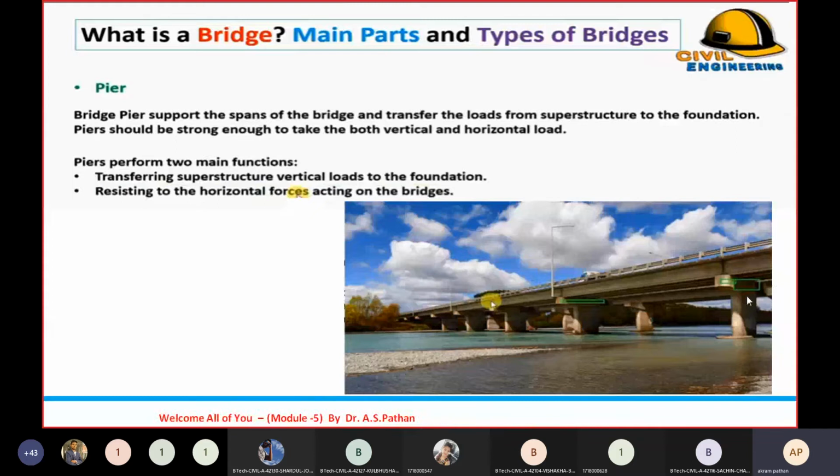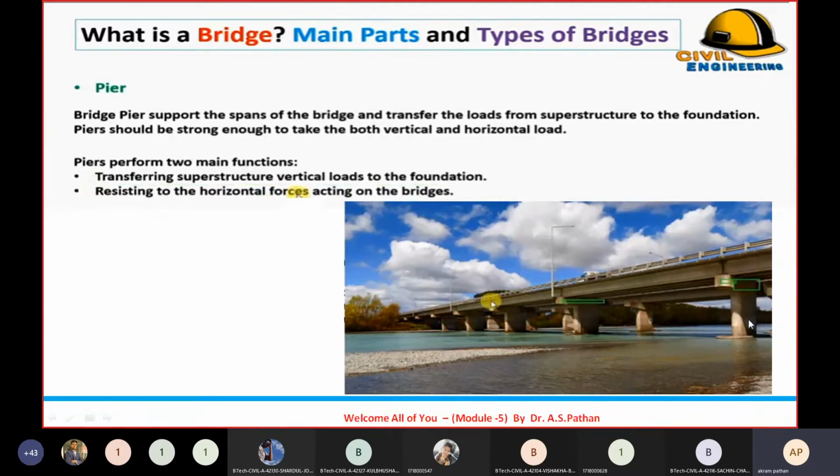Okay, so piers are vertical members subjected to compression, not tension. Whatever load is coming from the deck or from the vehicles, all that load is distributed evenly over the piers.